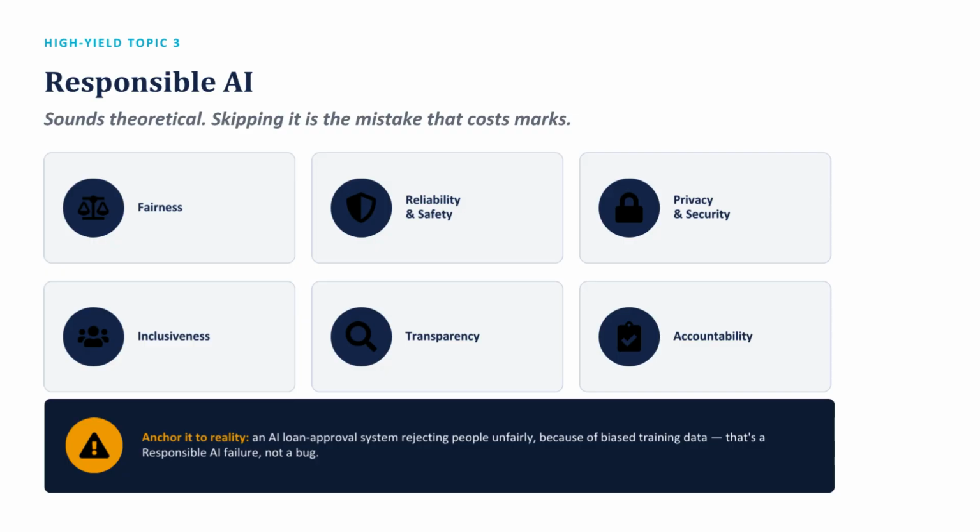Imagine an AI assistant that approves bank loans. If it rejects people unfairly because it was trained on biased data, that's not just a technical problem, it's a responsible AI problem. The AI 901 exam often asks such questions, and when you understand real-world examples, these principles become much easier to remember than simply learning the definitions by heart.